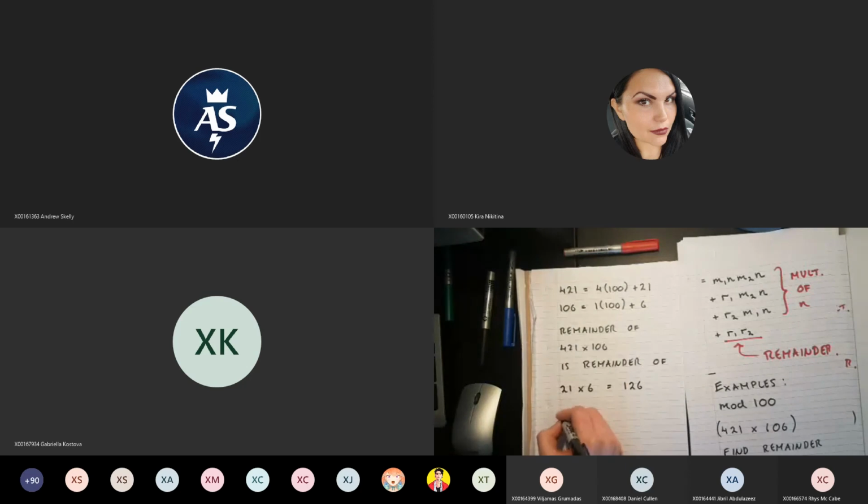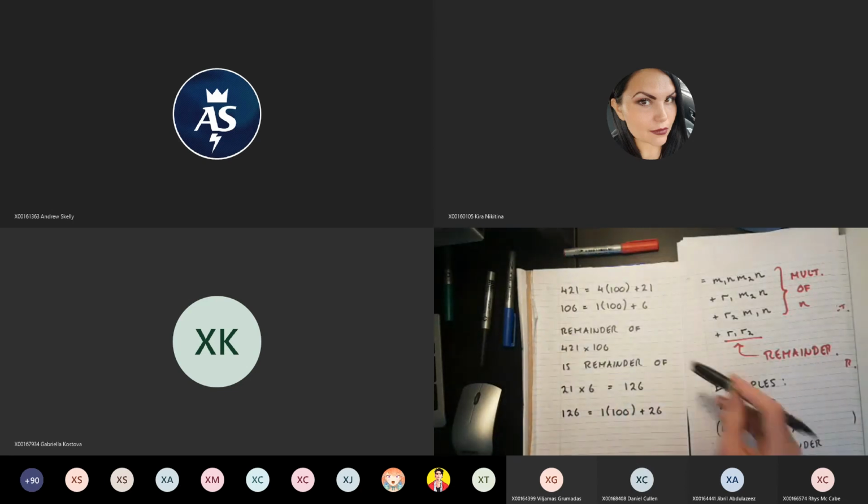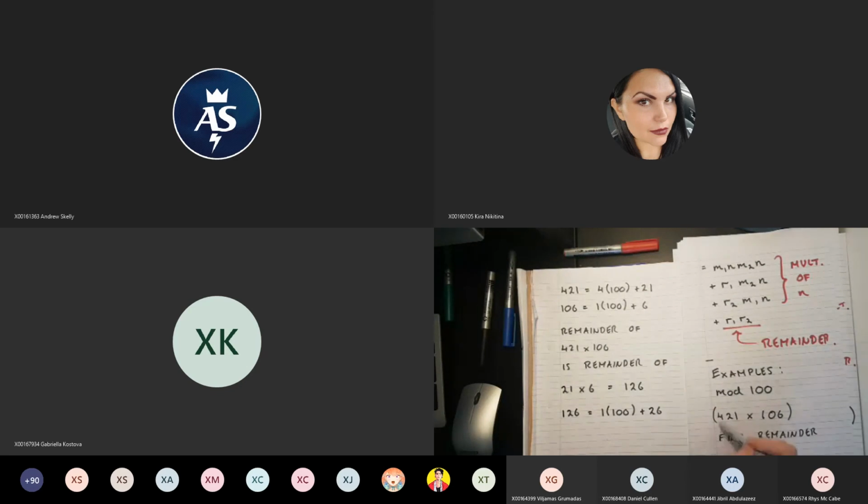And of course, 126 is the same as what? It's 1 times 100 plus a remainder of 26. So I never had to multiply these two numbers together to actually know what the remainder is, which is the really important thing about this. Often I don't even need to know what the number I'm reducing is.